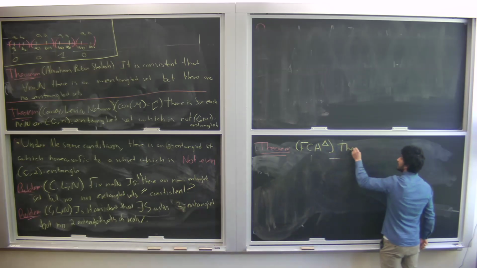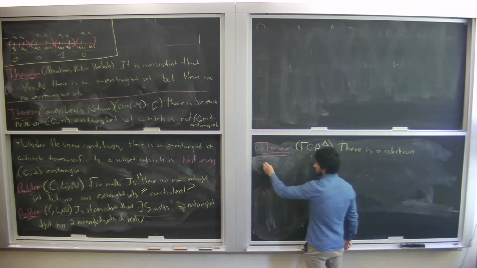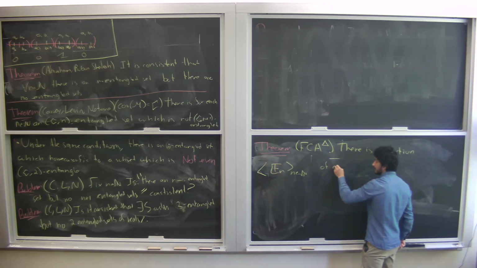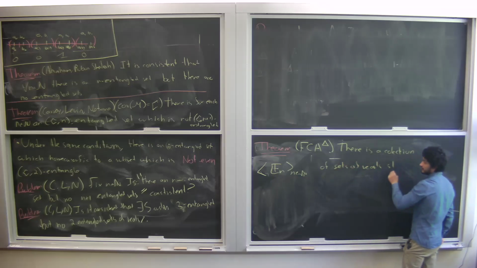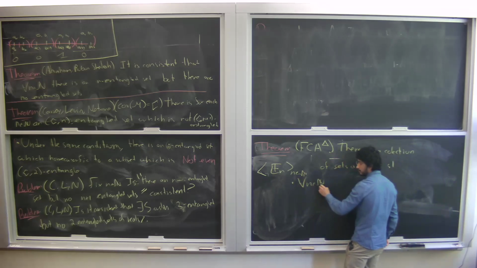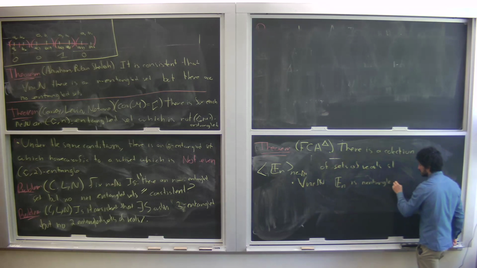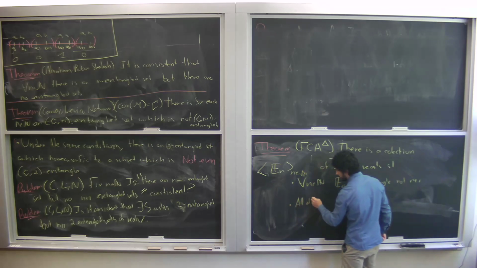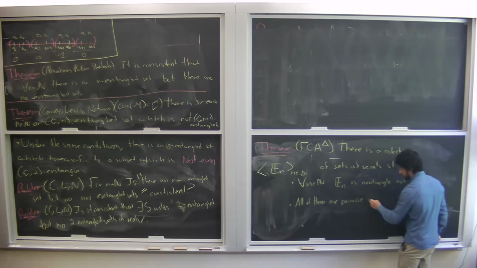So there is a collection, let's say E_n with n in the natural numbers, of entangled sets of reals such that one, for every n in the natural numbers, E_n is n entangled, not n plus one, and two, all of them are pairwise isometric.